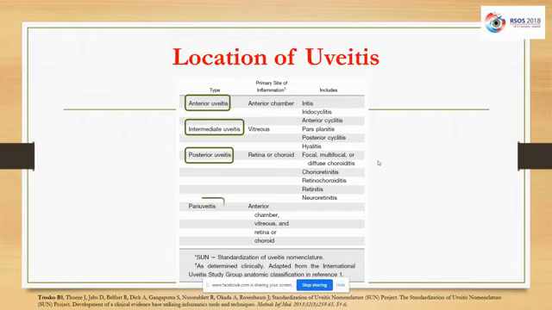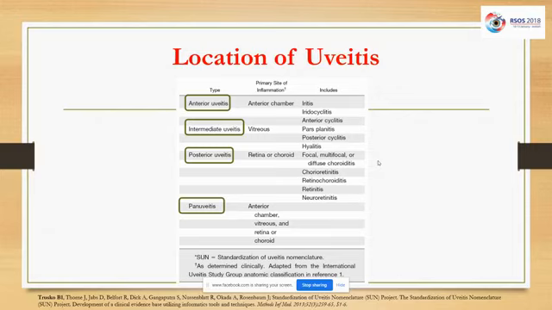And the inflammation can be panuveitis with diffuse inflammation of the anterior chamber, vitreous, and retina or choroid. So again, this is the location of uveitis.